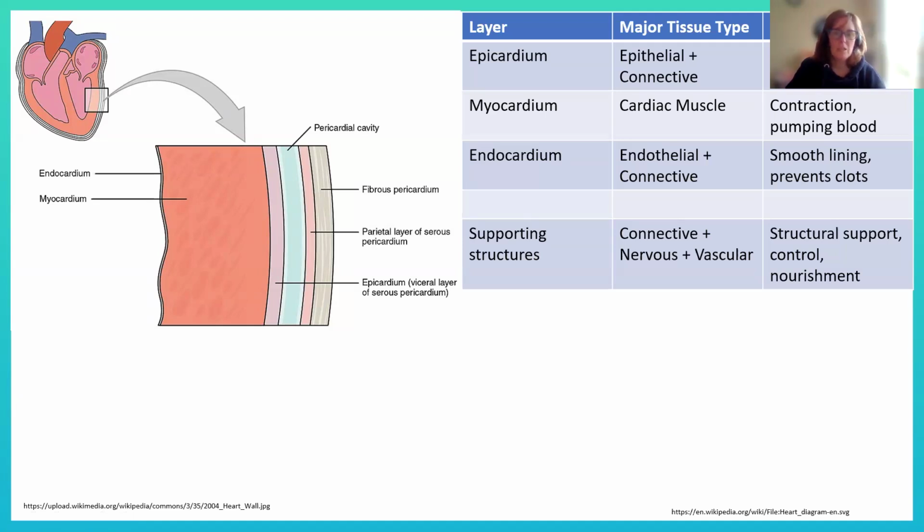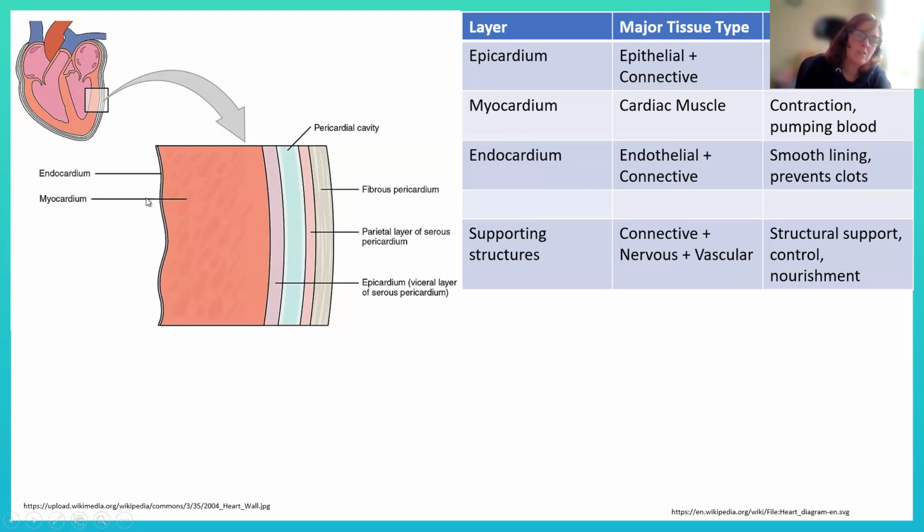So what these different layers are made out of, we've got the epicardium, which is made out of epithelial and connective tissue, which is this here. There's pericardium there as well. We've got the myocardium, which is the muscle. And we've got the endocardium, which is the epithelial and connective tissue here.